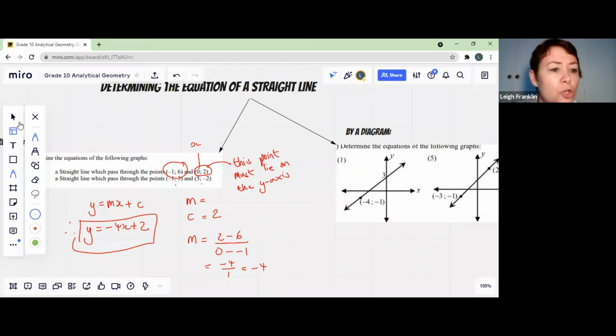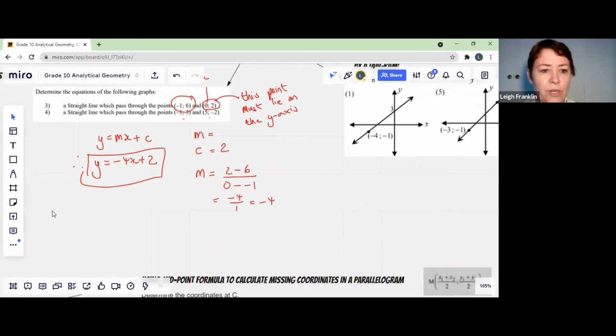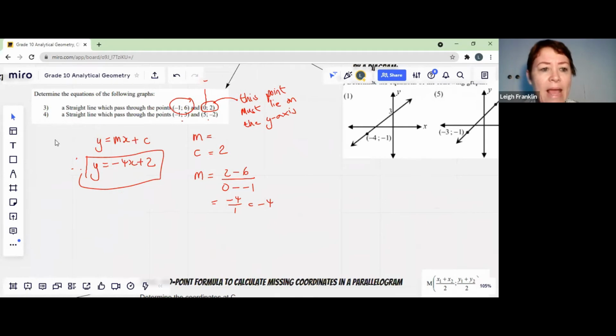Now contrast that against the second question, the number 4. In terms of the kind of information that they have given you, have they told us what the y-intercept is of the line in question 4? Does the information come provided?